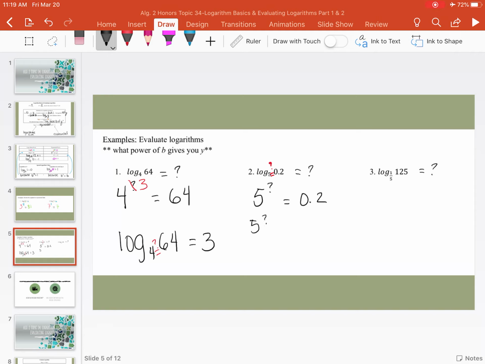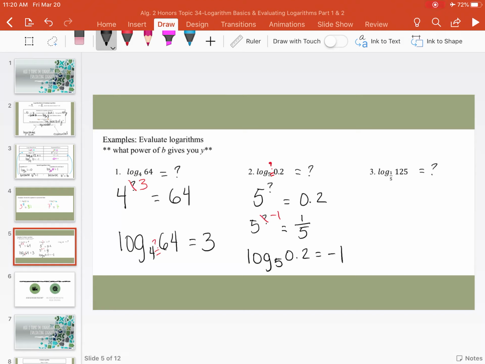So we have 5 to what power equals 0.2, or 2/10, which is the same thing as 1/5. So here, what can do that? X to the negative first power gives me 1/5. Remember those properties of exponents? So if we want to rewrite this, this is log base 5 of 2/10 gives us -1.